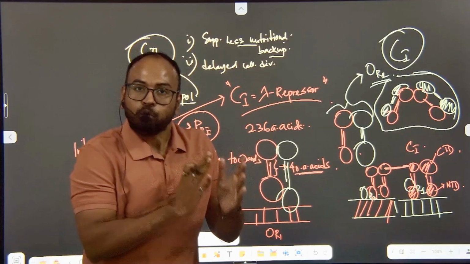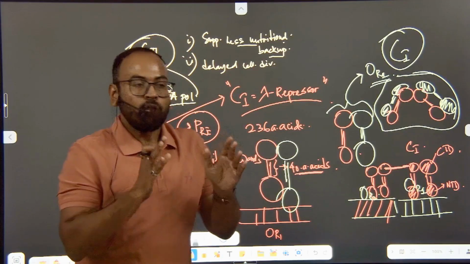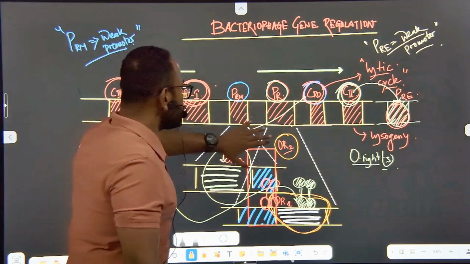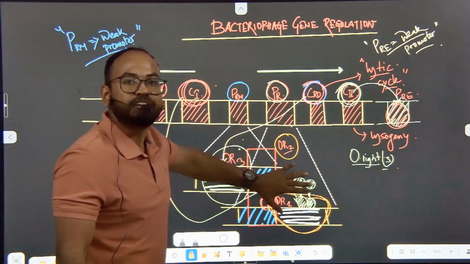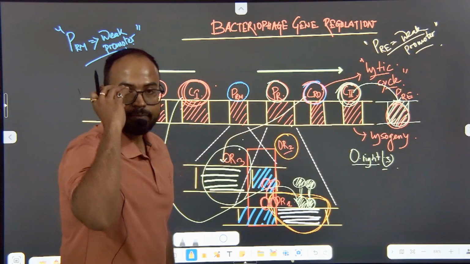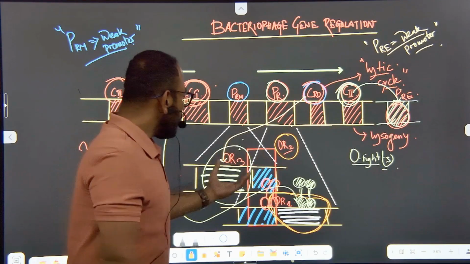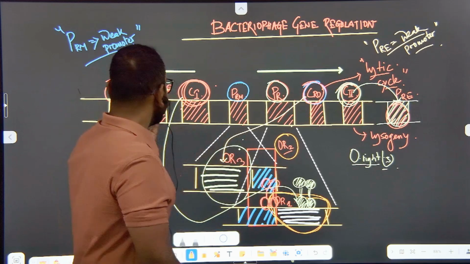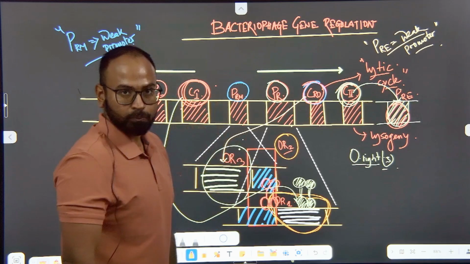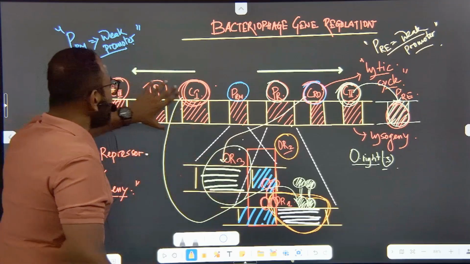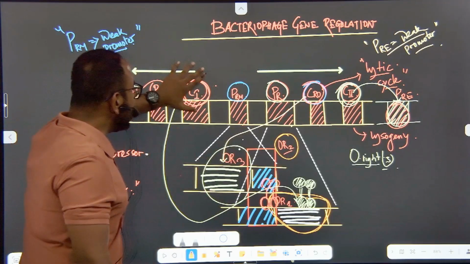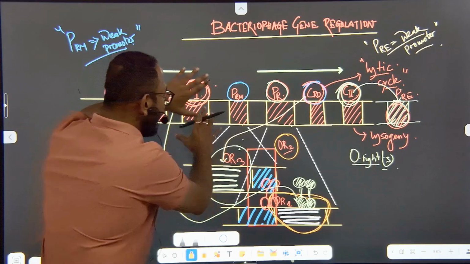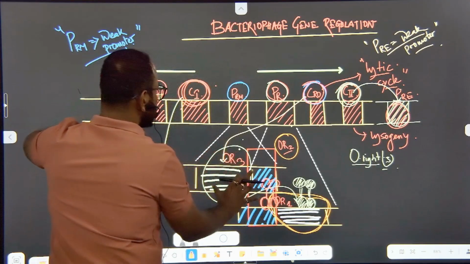Now, up to this point, operator region 3 is free, because RNA pol has to bind with it in order to synthesize more and more C2. Let's say C1 is getting synthesized and it binds with OR1 and OR2.